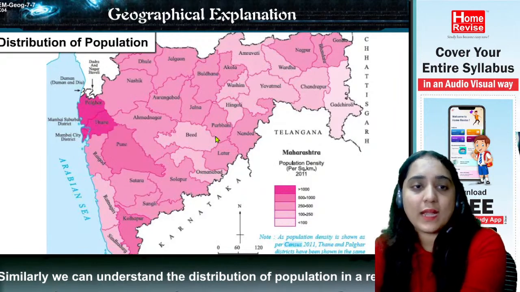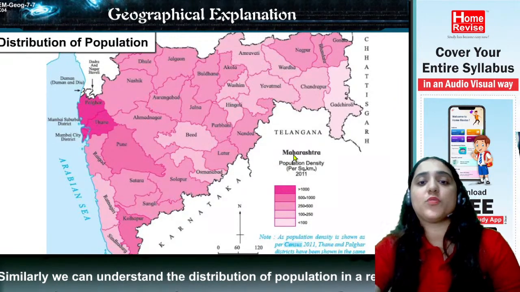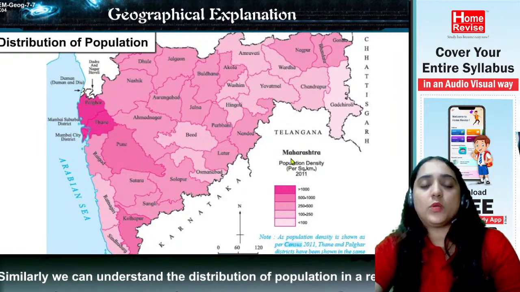Okay, so this is how you understand the map. Every time when you come across a map, you have to first read the name about what we are talking, then the scale. North side is this way, so you have to hold the map this way, and then about what we are talking and also the index.